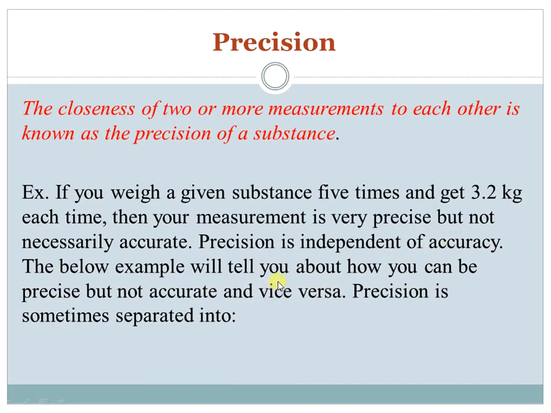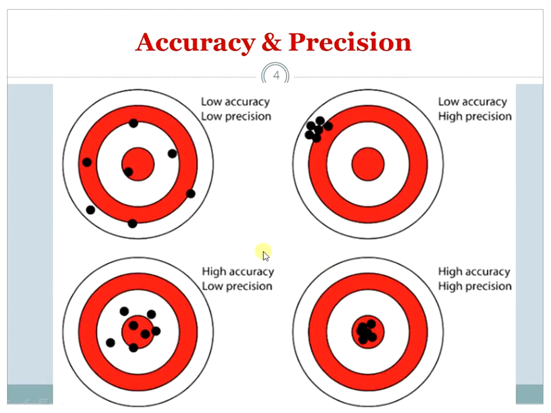The example below will tell you how you can be precise but not accurate, or vice versa. If we have a center point and we have to hit it with a bow and arrow or a gun, what will happen? In the first figure, the first shot lands near the center, and the center is our true value.